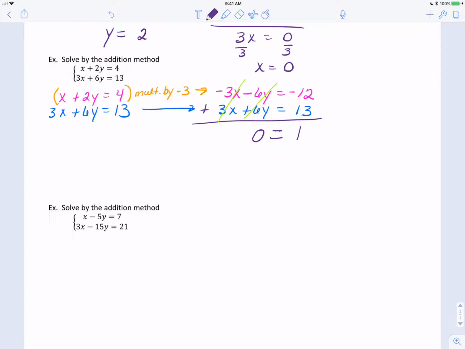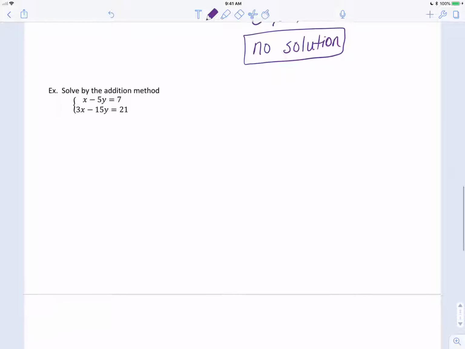Well, 0 is never going to equal 1, so that is not true. So there is no solution to this. And again, what makes those no solutions is if they are what kind of lines? If you said parallel, you are getting smart. Be so proud of yourself, okay?